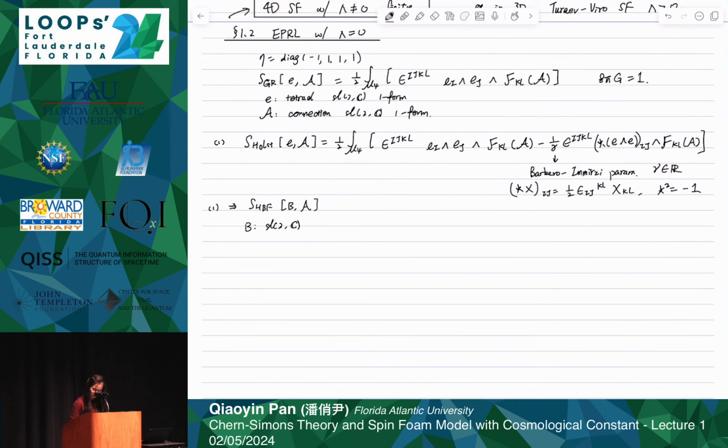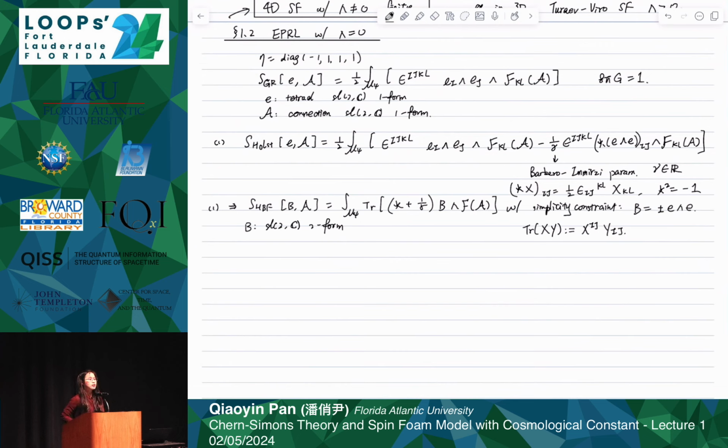Now I want to get rid of the indices, so I would write it as an integral over M4 of a trace of (Hodge plus 1 over gamma) acting on B wedge F of A, with a simplicity constraint. And this is B equals plus or minus E wedge E. And here the trace, if I have two forms x and y, is defined as x_ij times y^ij.